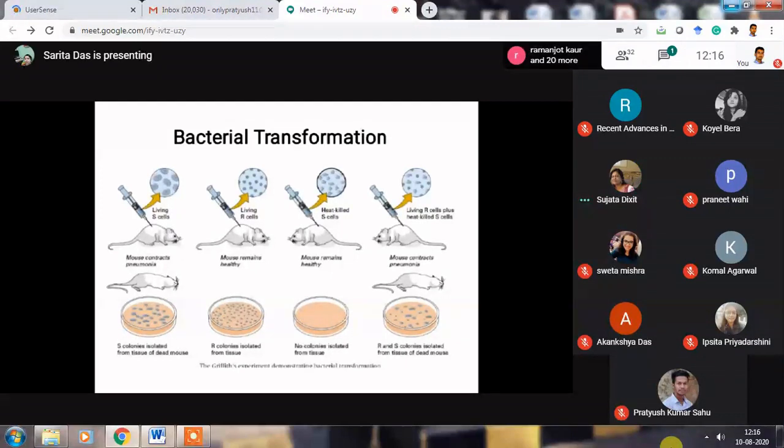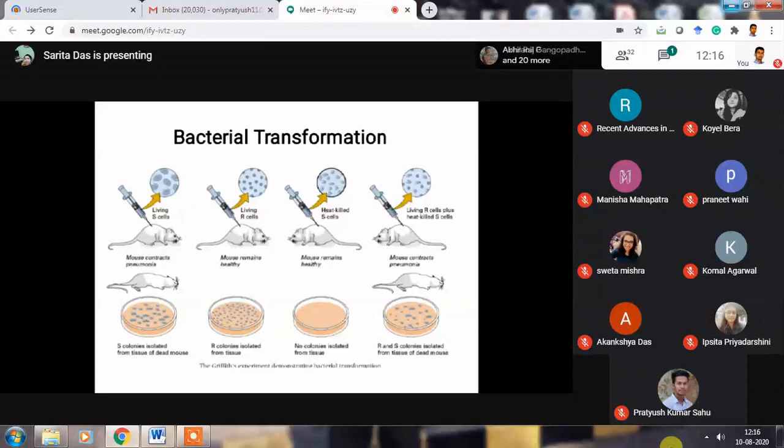Then he mixed the heat-killed S form, the dead S form bacteria, along with the live R form bacteria, the avirulent bacteria, and injected them into the mice. To his surprise, he found that the mouse was dead, and both the smooth form and R form were isolated from the tissues of the dead organism. The mouse developed pneumonia and died.